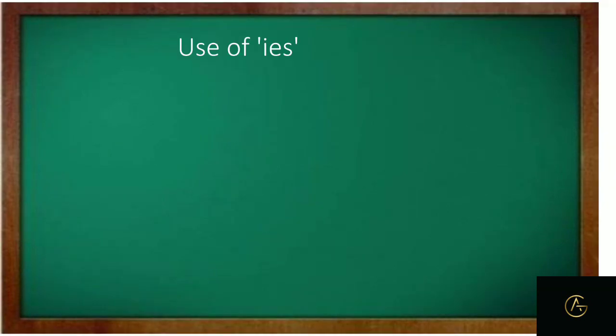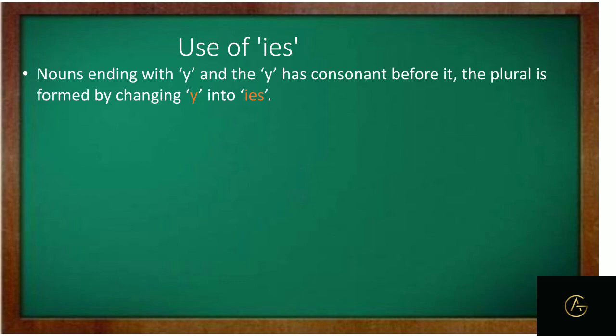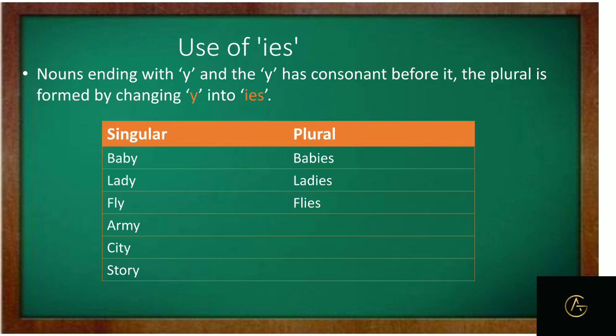Use of ies. In some plurals you have seen we use ies instead of s or es. What are the words? Nouns ending with y. We add ies when there is a consonant before the y. Main important thing, consonant. If a noun ends with y and has a consonant before it, it ends with ies.